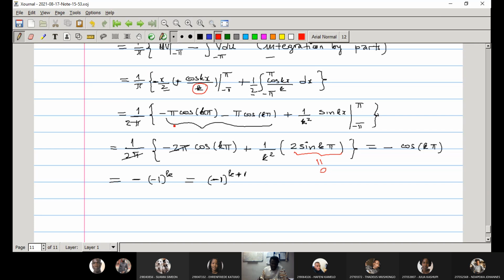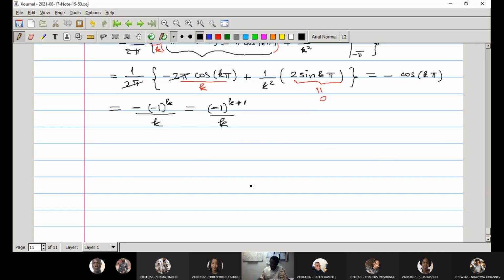So this K is a factor here, 1 by K. So it's divided by this K. So by K by K. So now we just substitute, therefore, so that is our decay.